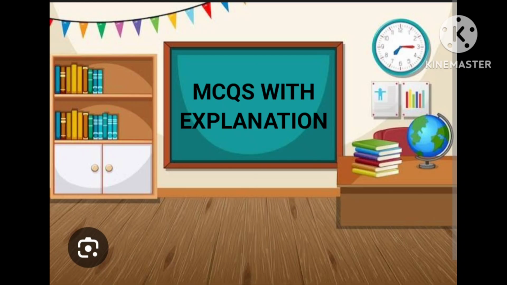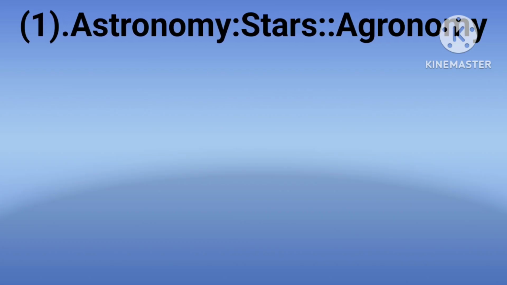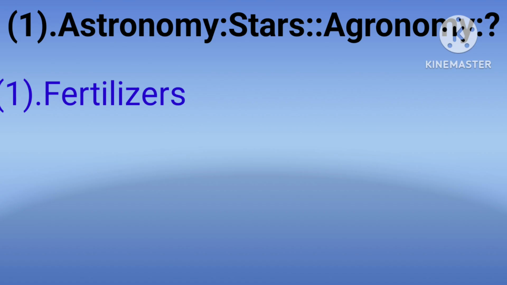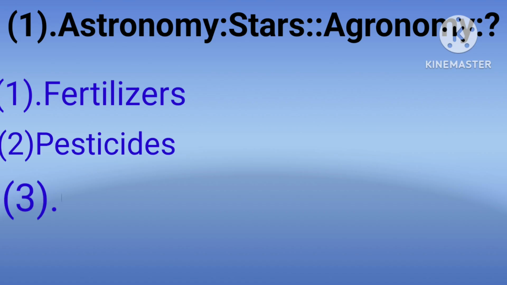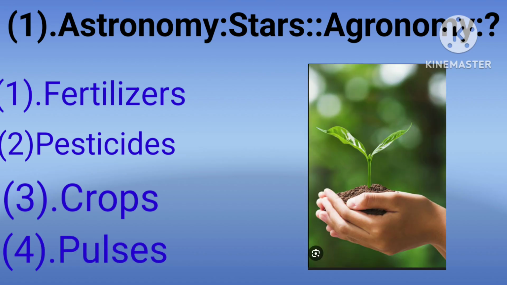Let's start MCQs with explanation. My first question is: astronomy means stars, so what is agronomy? First, fertilizers. Second, pesticides. Third, crops. Fourth, puzzles.